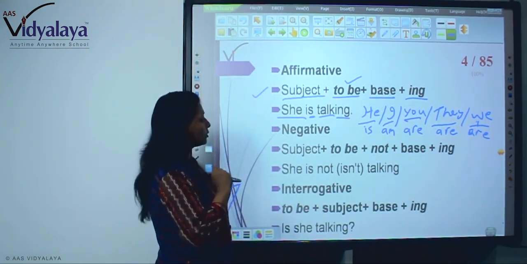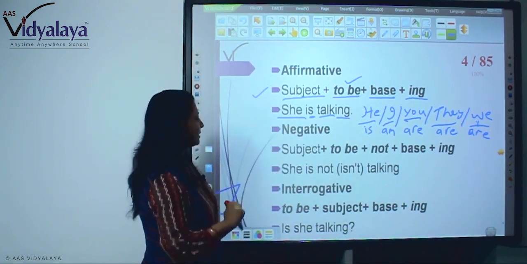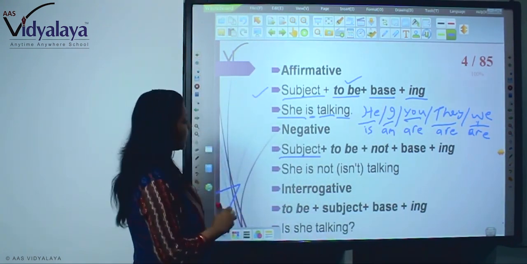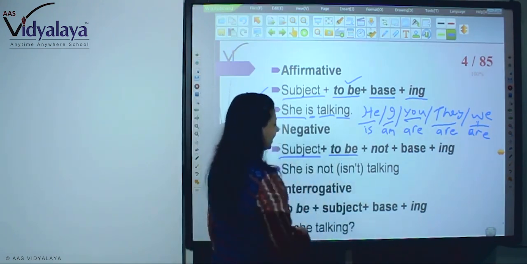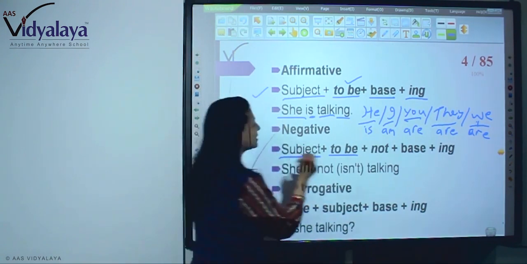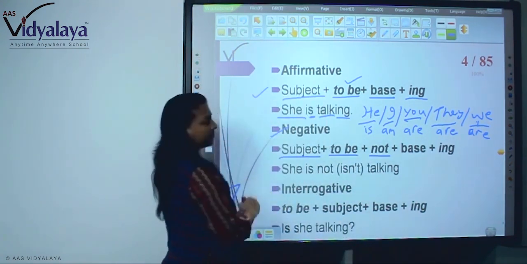Now negative. How to make negative sentences? Here number and persons are there. Now subject, according to persons and numbers, can be anything. Again to be. So one word that you need to add is not, just to make it negative.